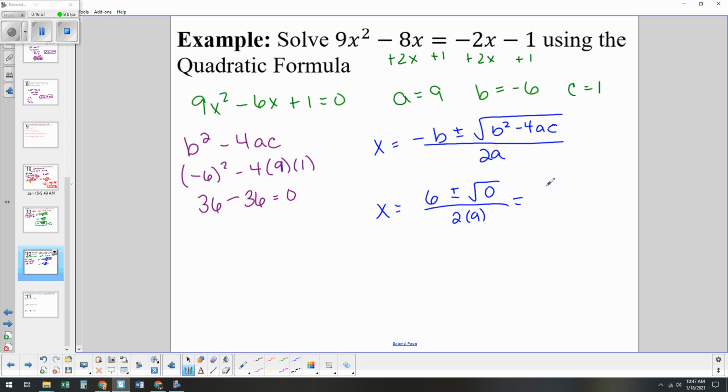So this is 6 plus 0 and minus 0 doesn't change it. It just stays 6 over 18, and 6 over 18 is 1/3. And that's our answer for that one, right? A lot less work to do there.